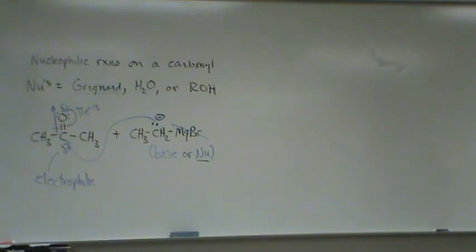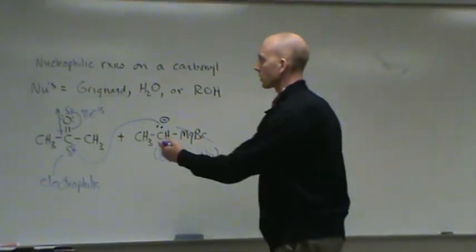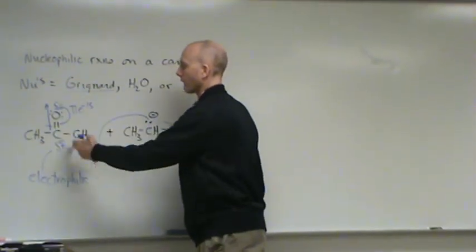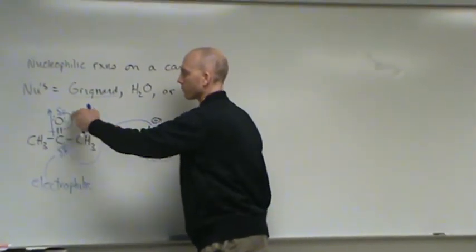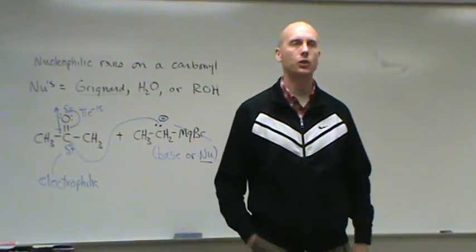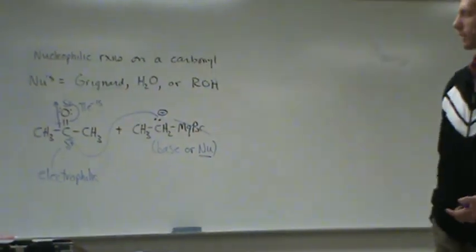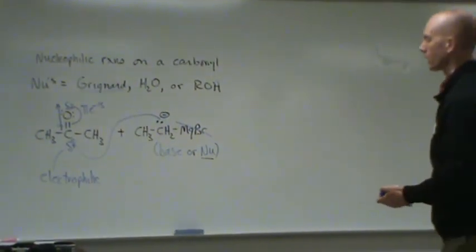That oxygen, remember, is electronegative, so it's pulling. Here, it's able to pull the pi electrons up after that attack has occurred. So everything is flowing toward that delta minus on the oxygen.